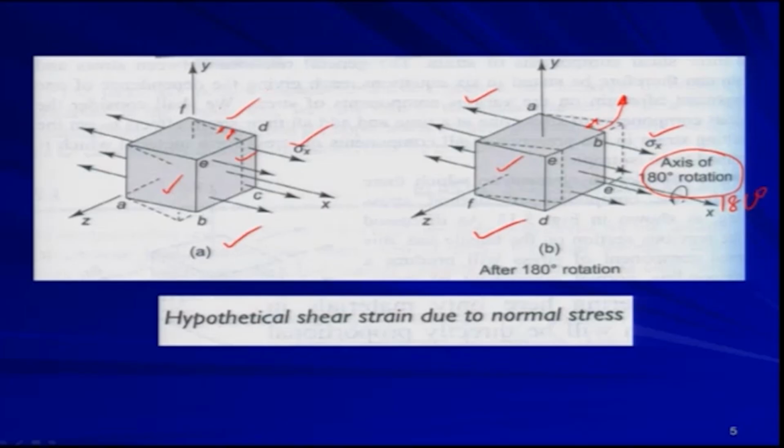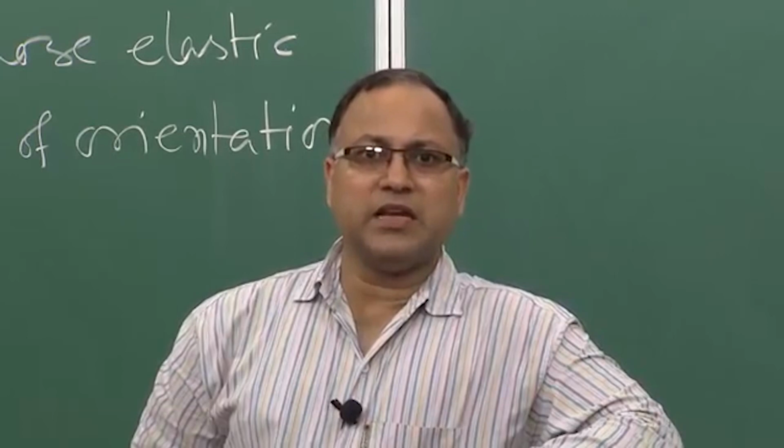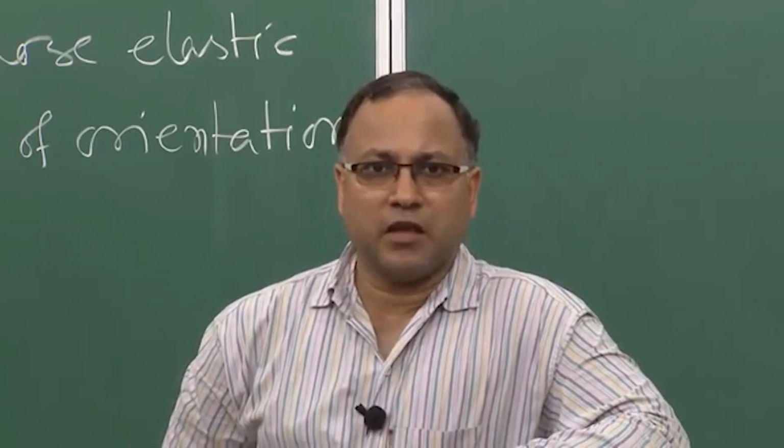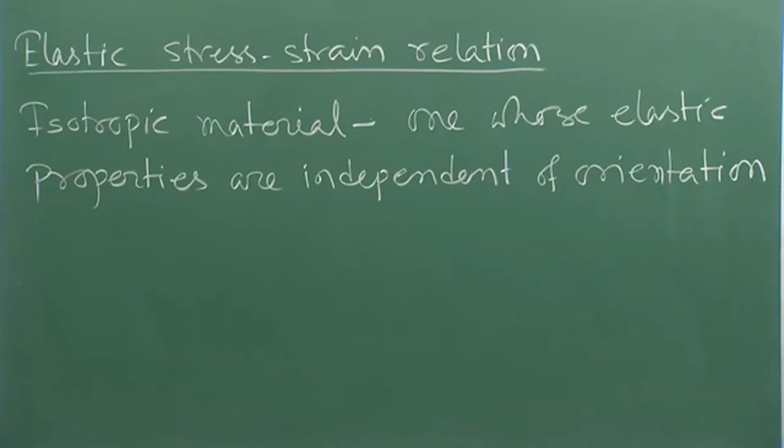In this figure your shear strain was in this direction, but in this figure you are getting it in this direction. That means the angular distortion is happening in the reverse direction. But as long as you are dealing with isotropic material, the rotation should not change the elastic properties.